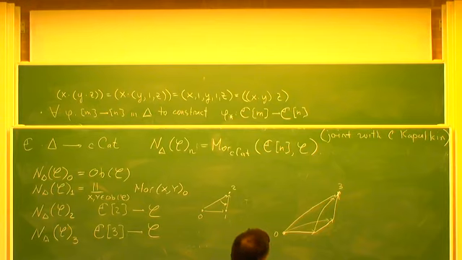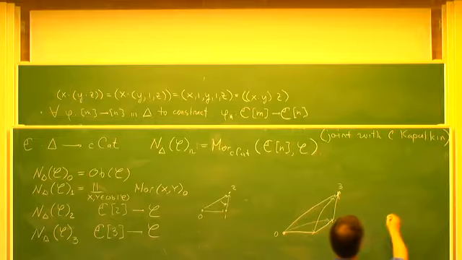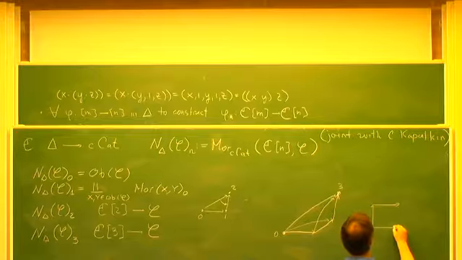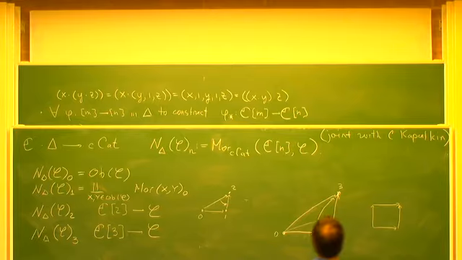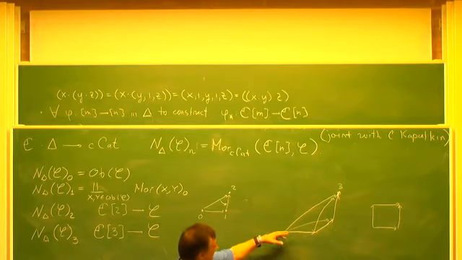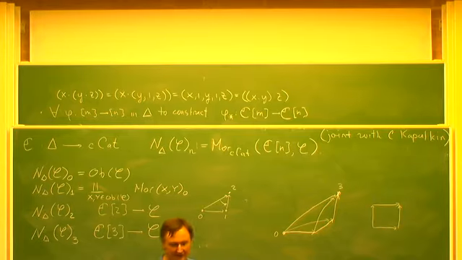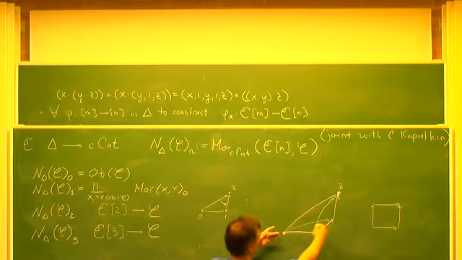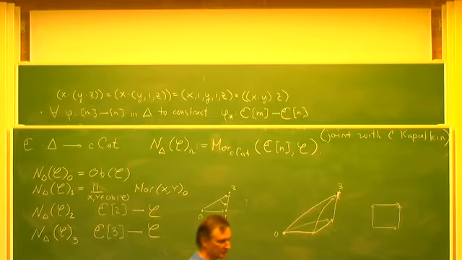And this square corresponds to the four sides of this three-dimensional simplex. Each side, in fact, it's a square like this, where each side corresponds to one of the faces of the simplex, and it has to be composed sometimes to get to the same cubical set of morphisms.